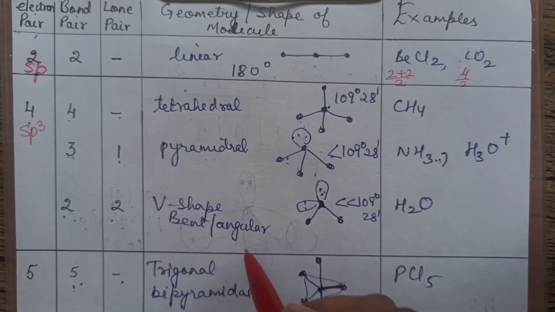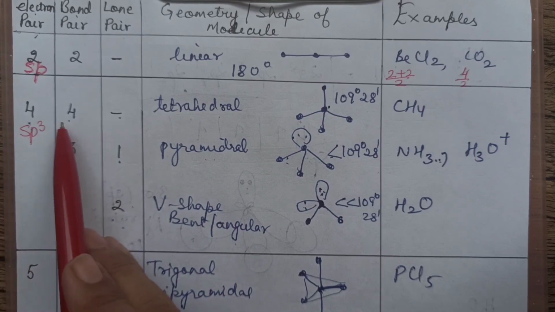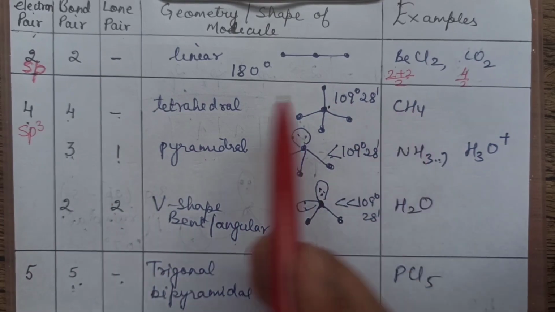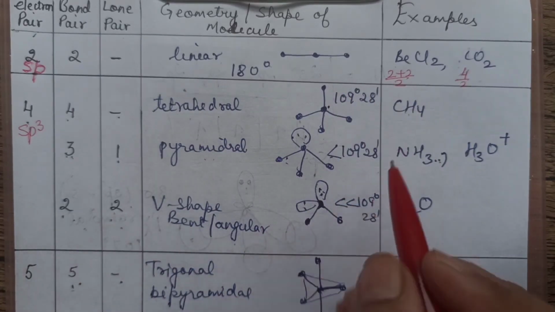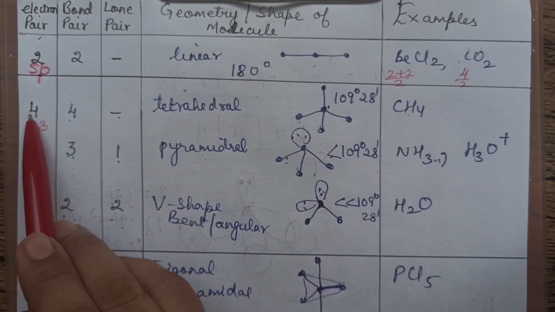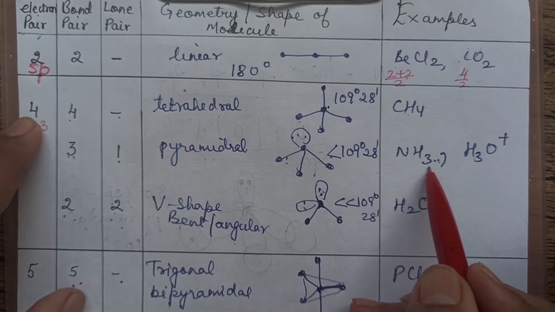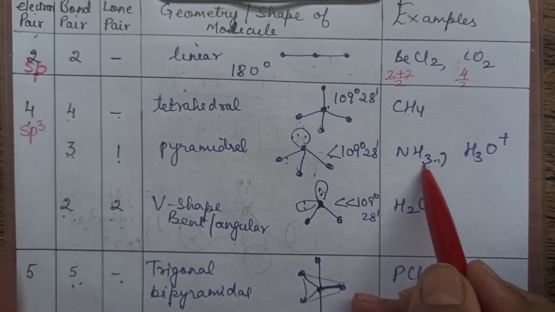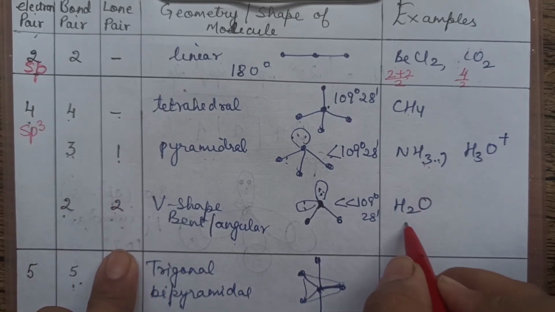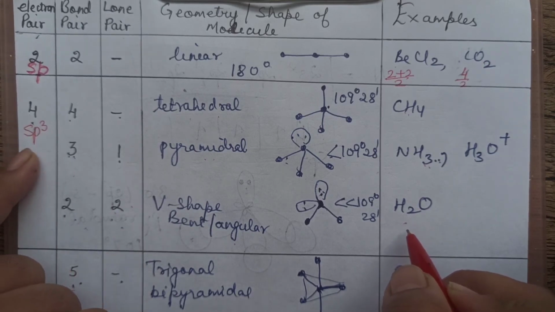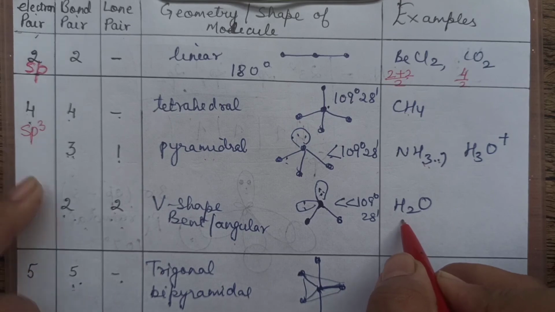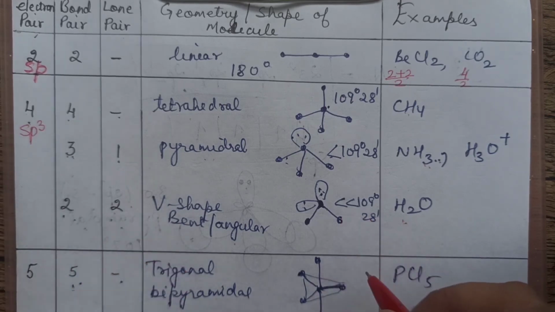I already told you. Whatever electron pair value you get, that and surrounding elements you match. If they are same, no lone pair. If the electron pair is 4 and surrounding elements are 3, they are not matching. One difference, one lone pair. In this one you see, electron pair value is 4, hybridization is sp3, but surrounding elements are 2. The difference is 2, they are lone pairs.